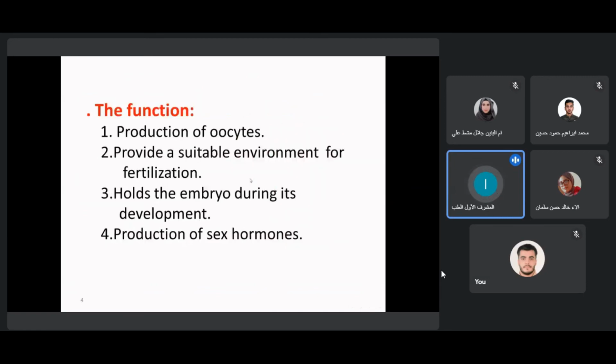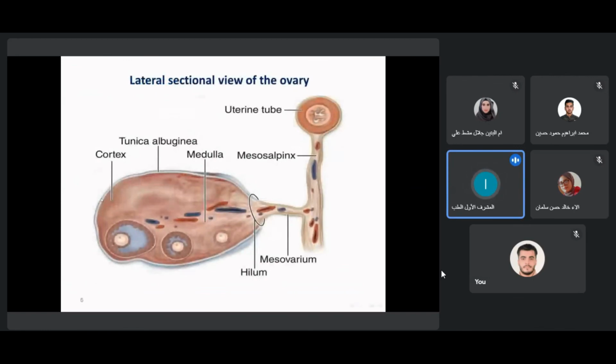This is the cross section of one ovary. The outer covering is continuous with the serosa, and it's lined by simple cuboidal epithelium, overlying a dense connective tissue layer, which is the tunica albuginea.